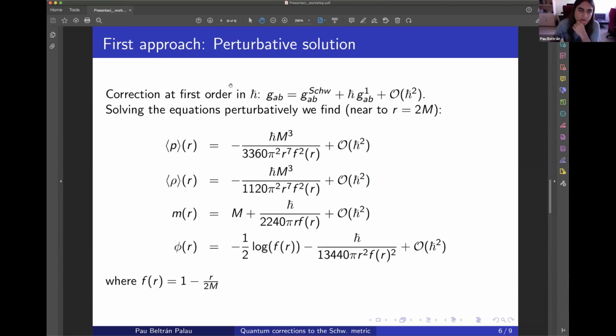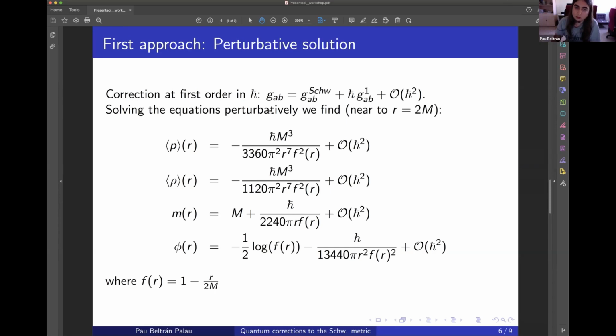We assume initially that the metric will behave in this way. If we expand it in orders of h bar, it will have the order 0, which is Schwarzschild, and then a first order in h bar, which is what we are looking for.